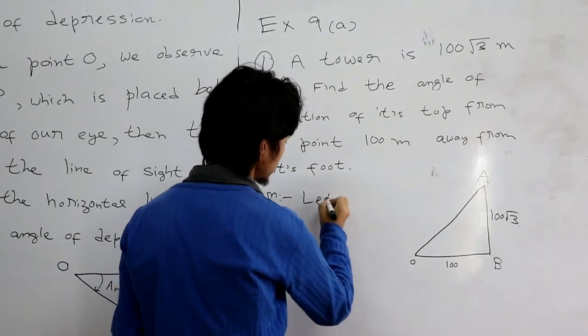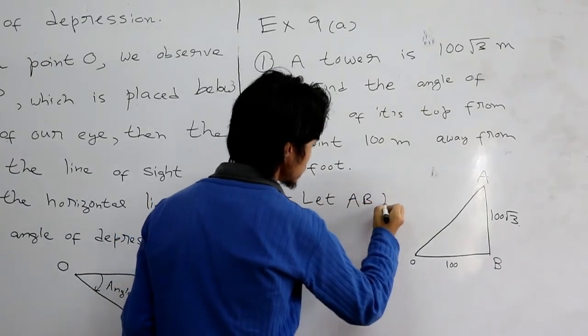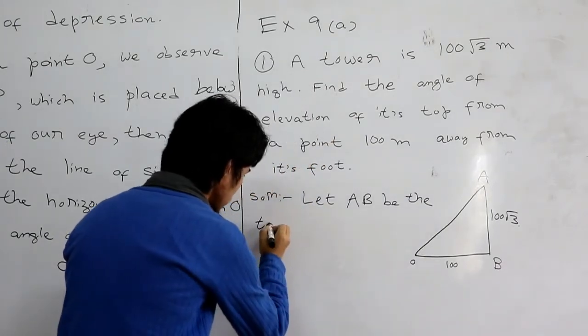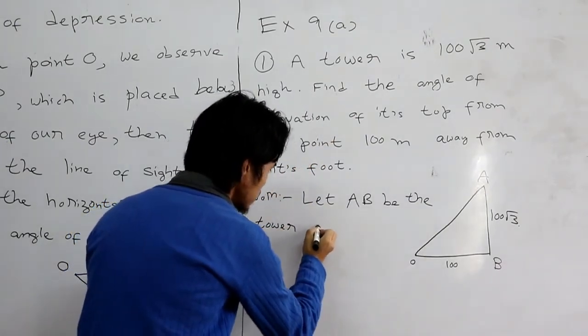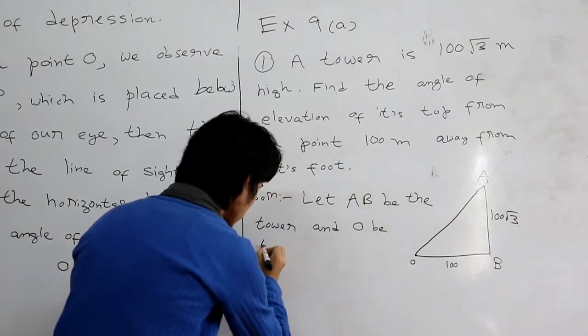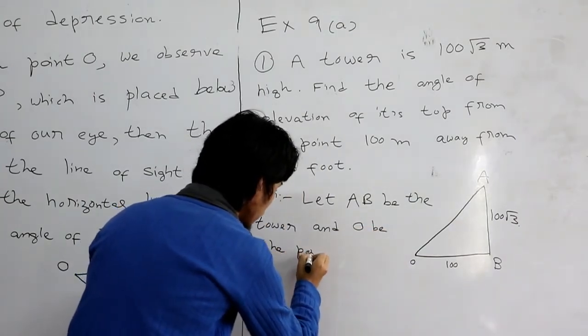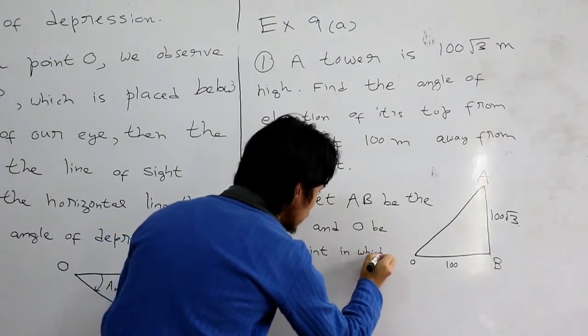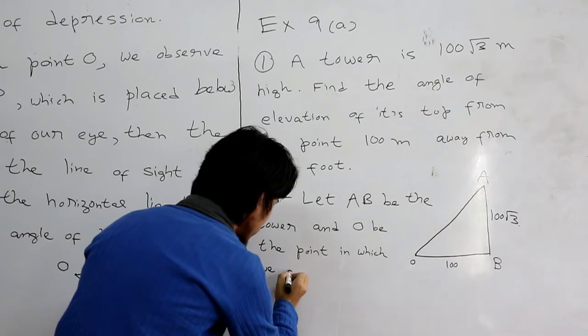So first of all, let's describe the diagram properly. So let AB be the tower and O be the point in which we are observing.